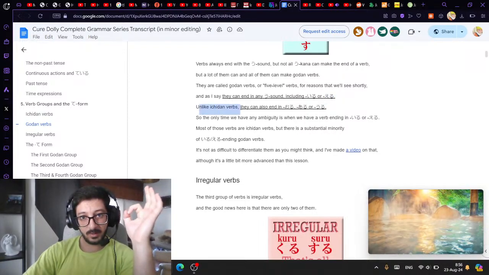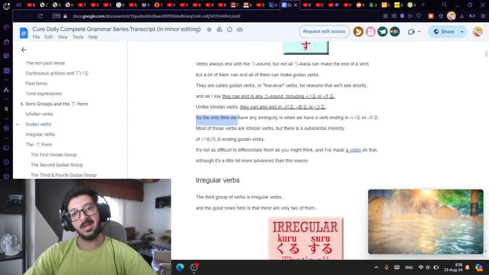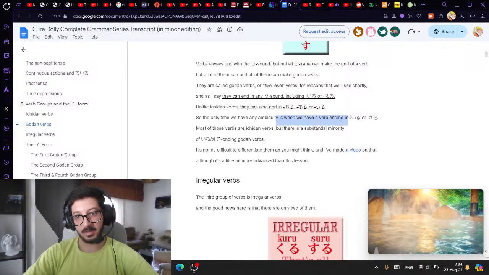Unlike Ichidan verbs, they can also end in oru, aru, uru. So the only time we have any ambiguity is when we have a verb ending in iru.